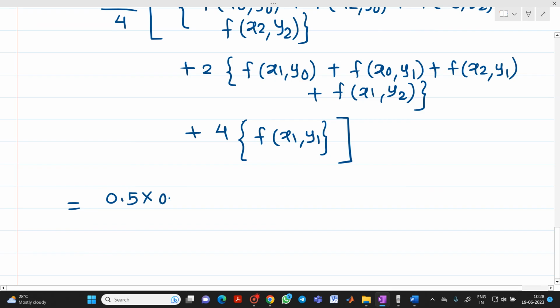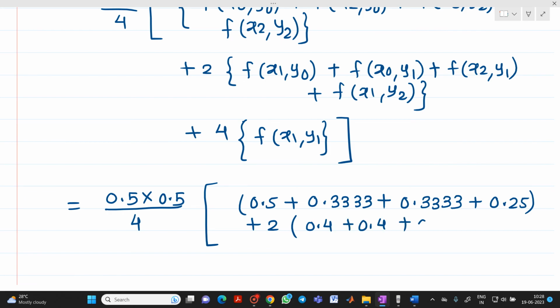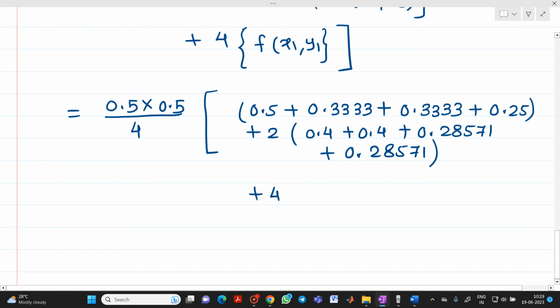h and k are 0.5, so 0.5 into 0.5 divided by 4 into bracket 0.5 plus 0.3333 plus 0.3333 plus 0.25 plus 2 into 0.4 plus 0.4 plus 0.28571 plus 0.28571, plus 4 into the middle term, so it will be 0.3333.